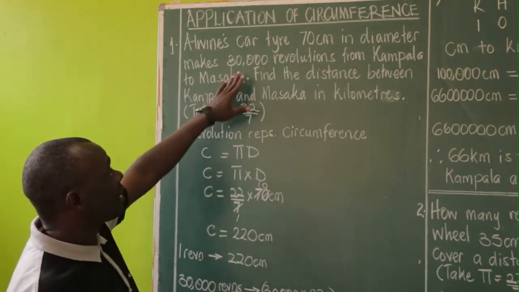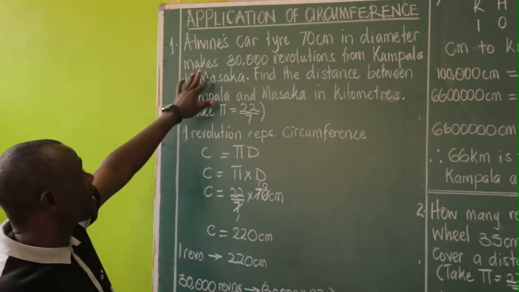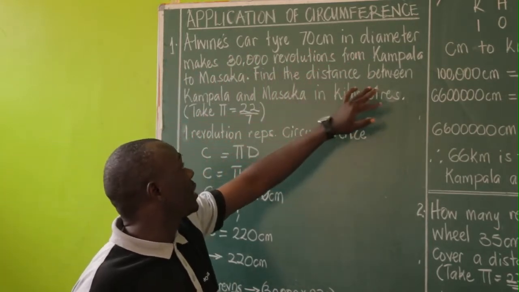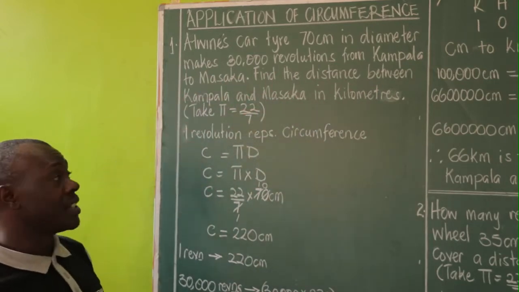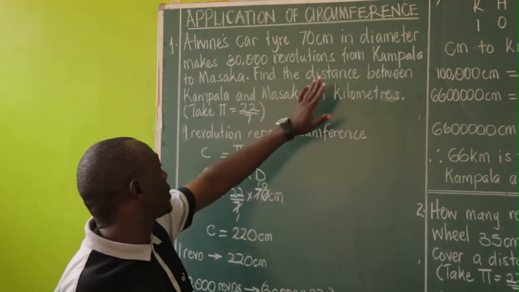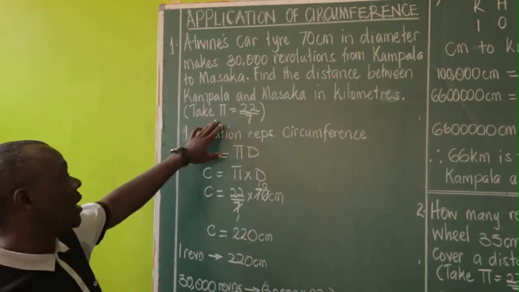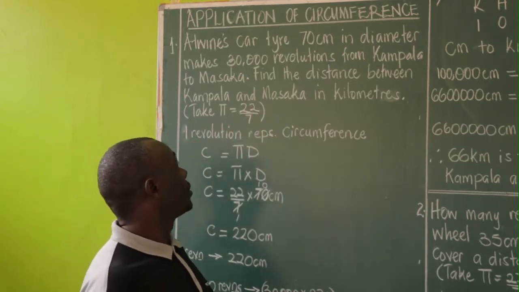Find the distance between Kampala and Masaka in kilometers, taking pi as 22 out of 7.